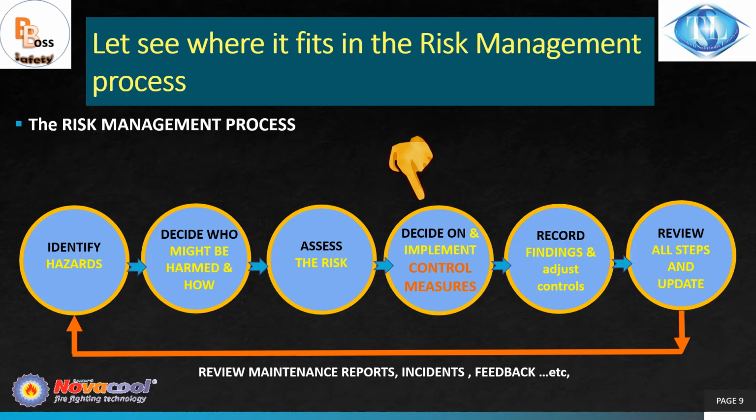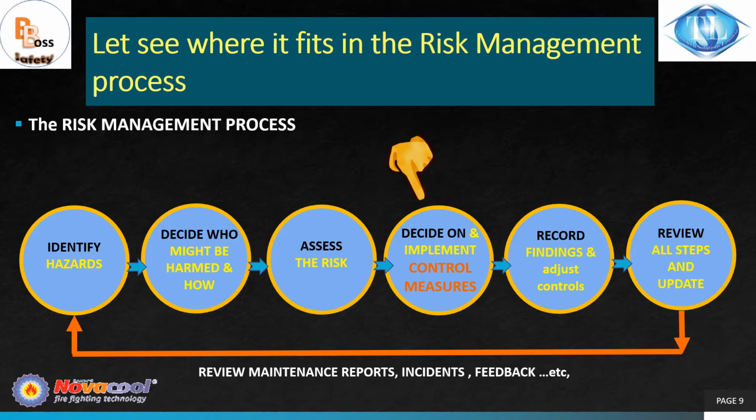whether our solution was successful, what are the difficulties, is there any new hazard that appears because of the use of the first control, and then we would review all that.